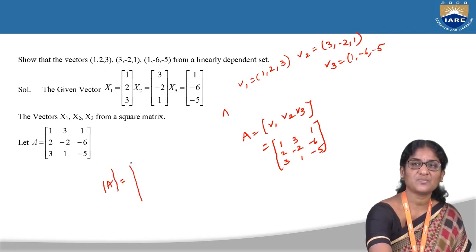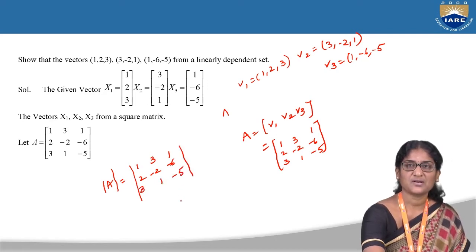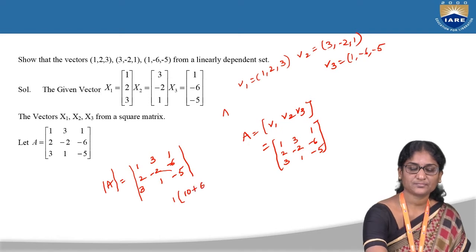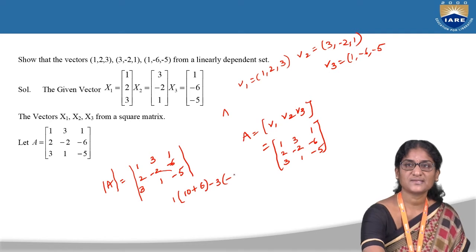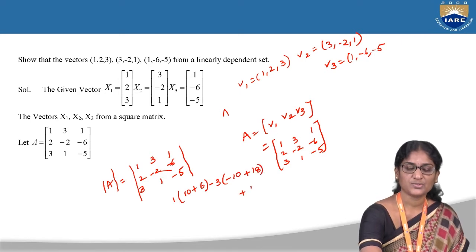Let me work out the determinant. 1 into (10 plus 6), minus 3 into (10 minus 18), plus 1 into (2 plus 6).